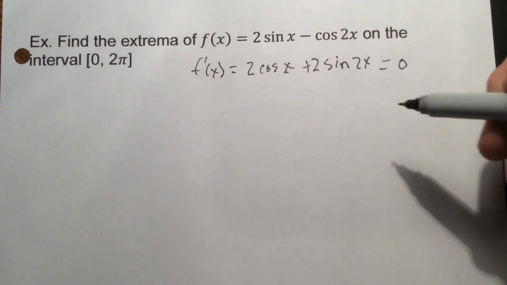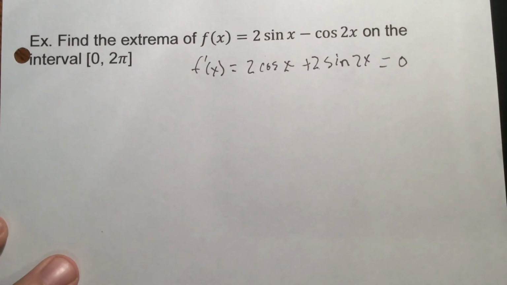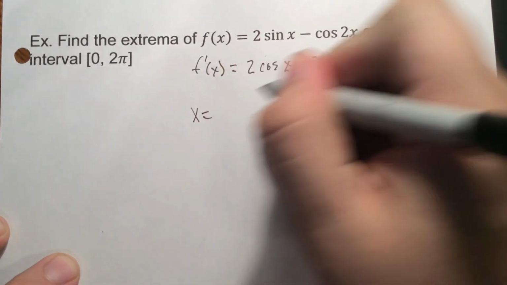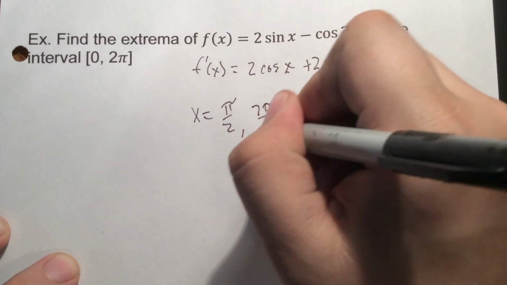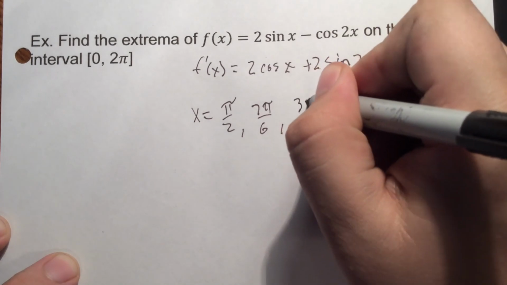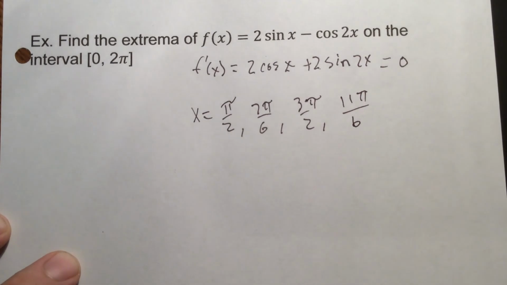Because to really define what this is, we want to use one of our trig identities that we did in advanced math. And again, with not being here, it's just going to be more confusing. So long story short, the x's that you would get would be pi over 2, 7 pi over 6, 3 pi over 2, and 11 pi over 6.